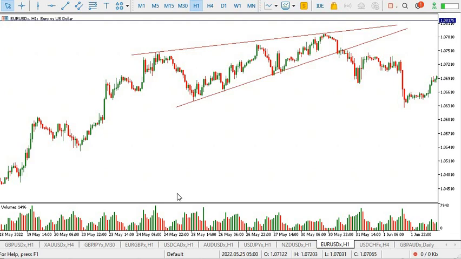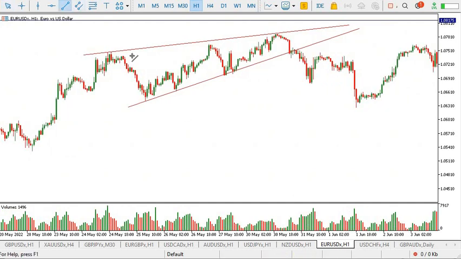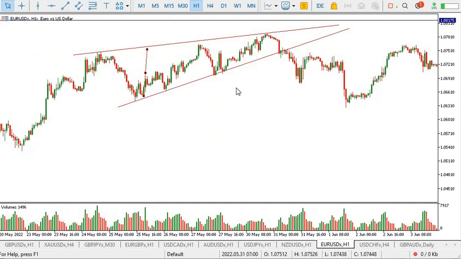So here we can see the market was in an uptrend. The price action squeezed between these 2 points, between these sloping support and resistance. So as I said, we will target the area where the rising wedge has formed.